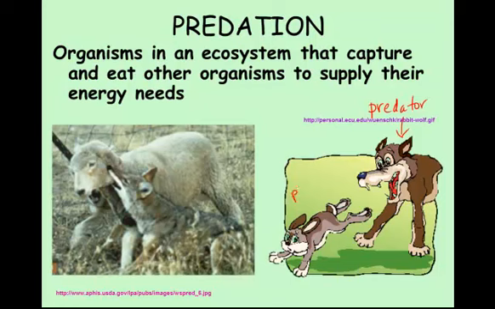And the organism that is the lunch that gets eaten is the prey. Notice it's spelled P-R-E-Y, not P-R-A-Y. And those predator-prey relationships are pretty important. They're part of the food chains, the food webs in an ecosystem. And they're really part of maintaining the balance in an ecosystem.